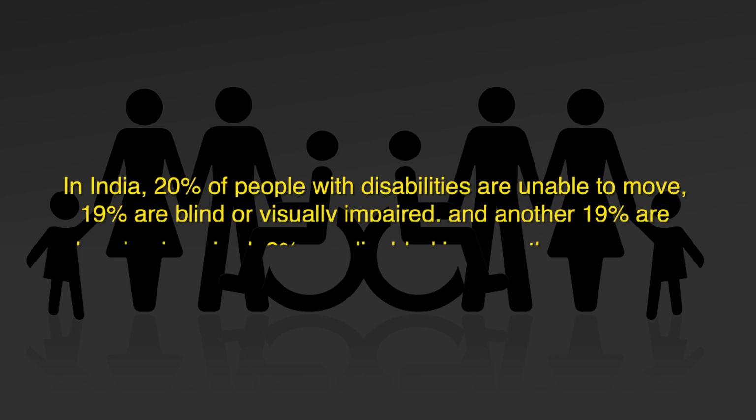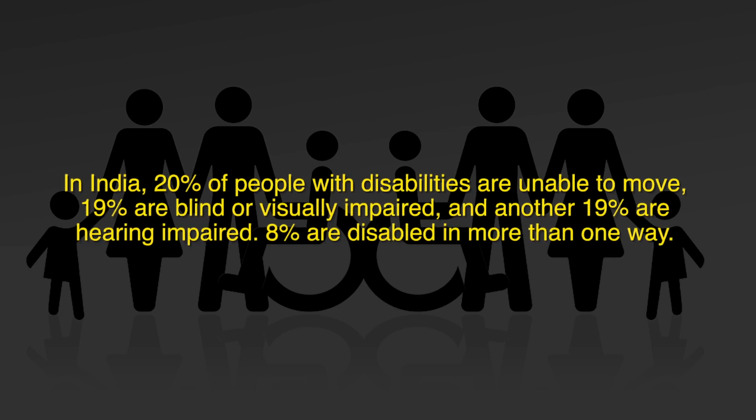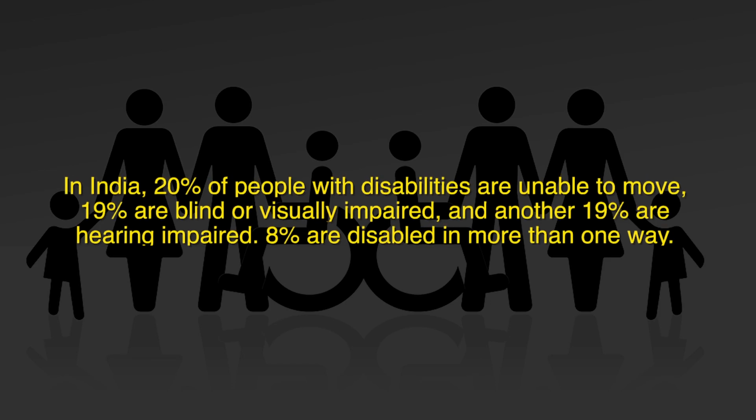From 2001 to 2011, the percentage decadal change in the population with disabilities was 22.4%, while the percentage decadal change in the population as a whole was 17.7%. In India, 20% of people with disabilities are unable to move, 19% are visually impaired, and another 19% are hearing impaired. 8% are disabled in one or more than one ways.